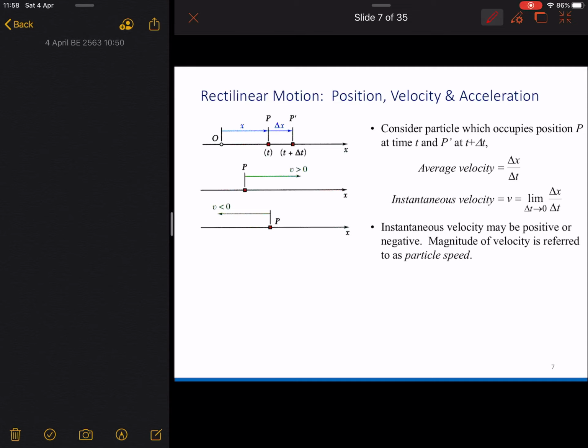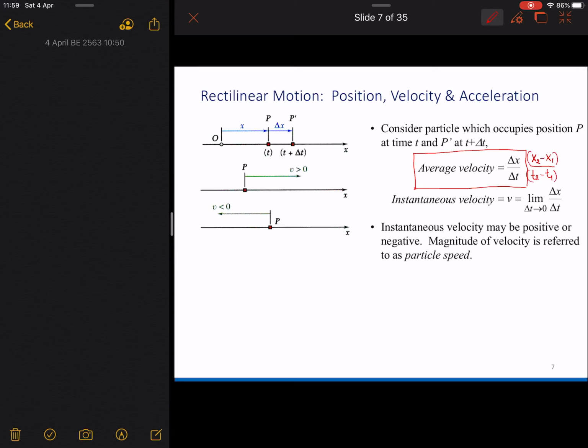For example, here you can see that the velocity is delta x, meaning x at time 2 minus x at time 1, over t2 minus t1.